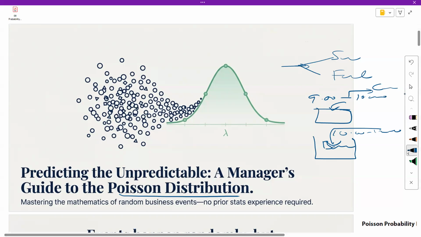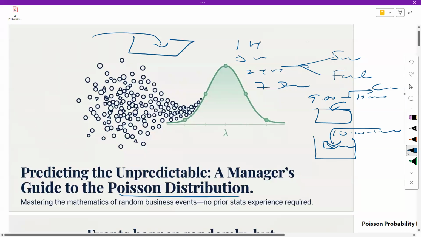Or how many customers use the ATM within a certain day or time, so within 1 hour, 5 hours, 24 hours, or 7 days? At a bus stand, how many passengers visit in a particular time period? Here, the time period is very important. In those instances, we use the Poisson distribution.